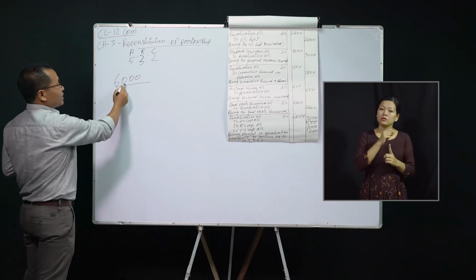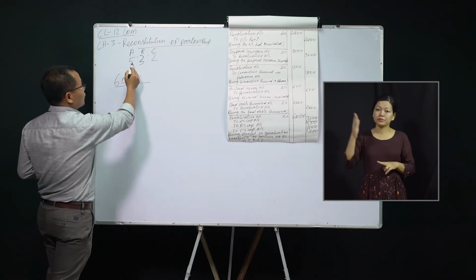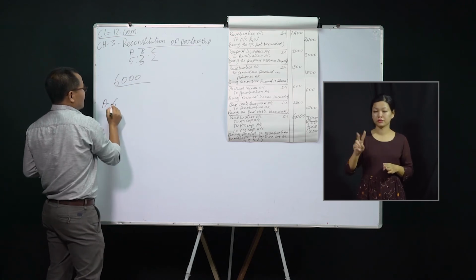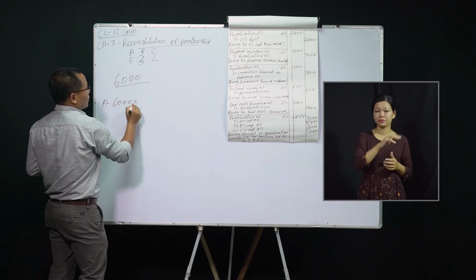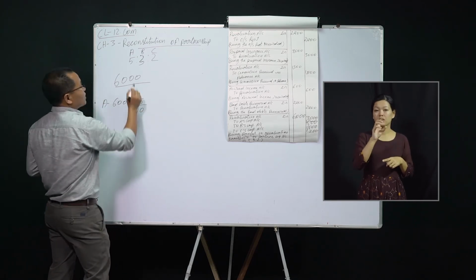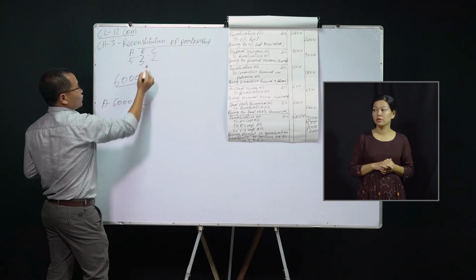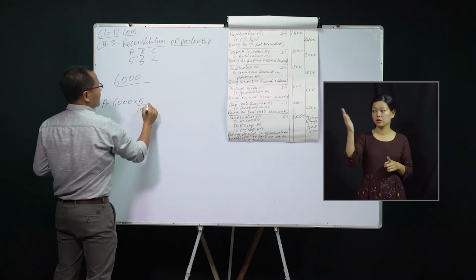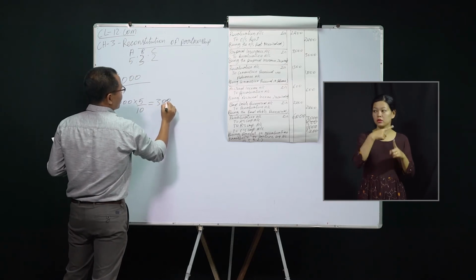If this net profit is distributed among the partners in the ratio of 5:3:2, then for A it is 6,000 into 5 divided by 10. 10 means 5 plus 3 plus 2 is equal to 10. So you will get 3,000.